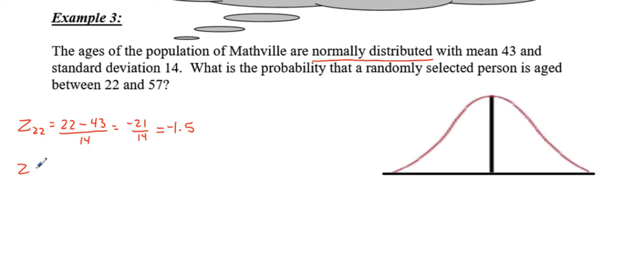The z-score of 57 is the data minus the mean divided by the standard deviation, which is 14 out of 14, which is equal to 1. And I guess we also can't forget to give our let statement. Let x equal the age of the person in years.